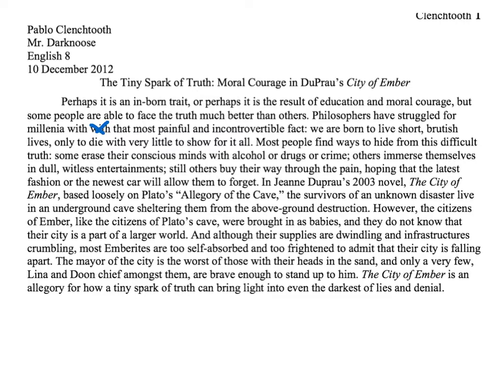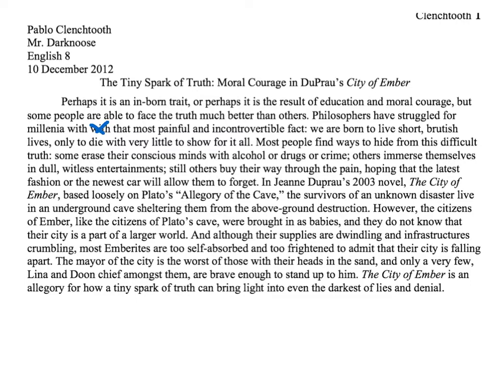Most people find ways to hide from this difficult truth. Some erase their conscious minds with alcohol or drugs or crime. Others immerse themselves in dull, witless entertainments. Still others buy their way through the pain, hoping that the latest fashion or the newest car will allow them to forget.